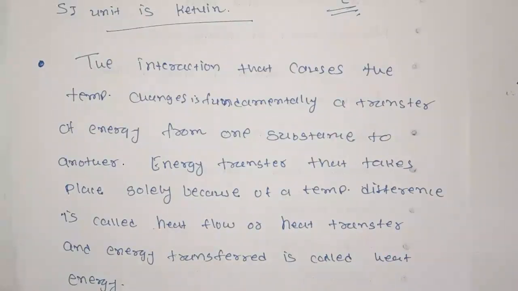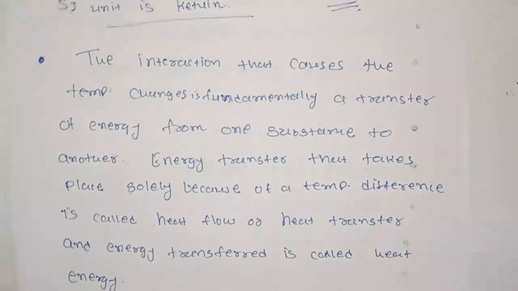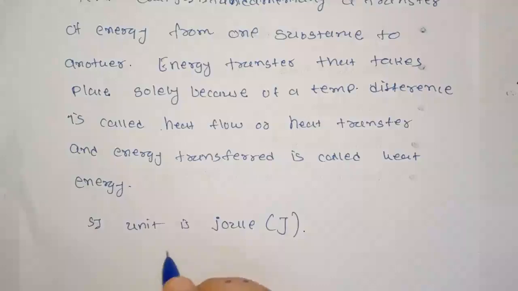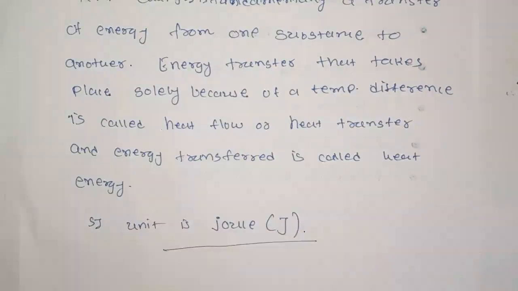The energy transfer that takes place solely because of the temperature difference is called heat flow or heat transfer. The SI unit of heat energy transferred is joule, as it is basically a type of energy.